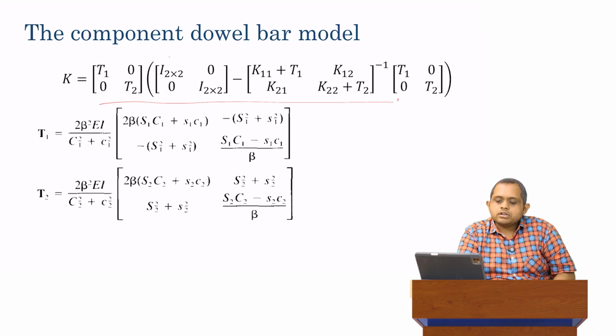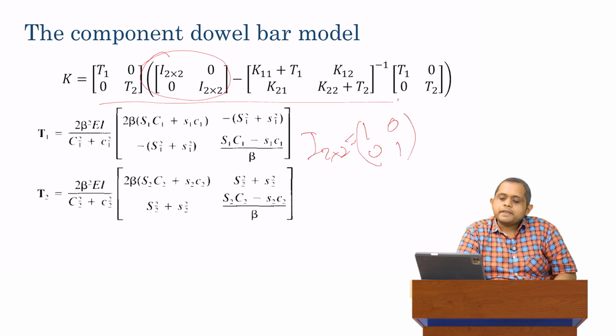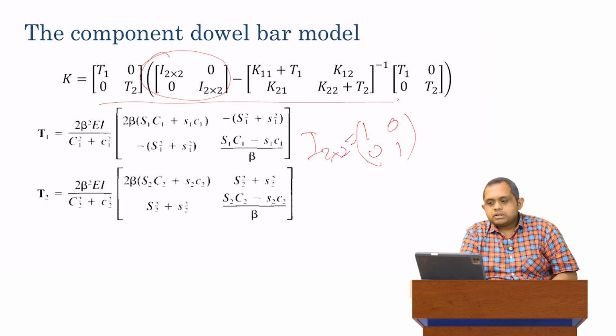So what we have over here, we have some I2 by 2. I2 by 2 is the identity matrix, which is basically 1, 0, 0, 1. So we have basically an identity matrix of size 4 by 4. And from there, we are subtracting some terms which consist of some K11, K12, as well as something called a T1, T2.